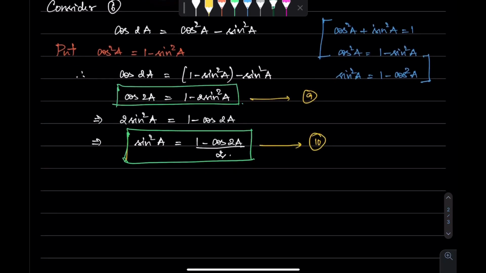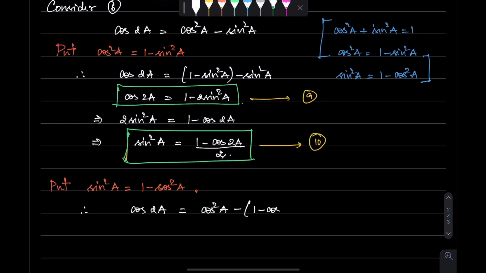Now, if I put sine square a as 1 minus cos square a in cos 2a, what do I get? See what happens. We get cos 2a becomes cos square a minus (1 minus cos square a).